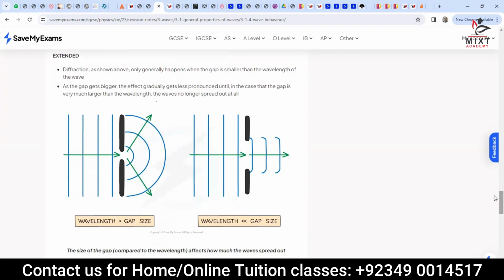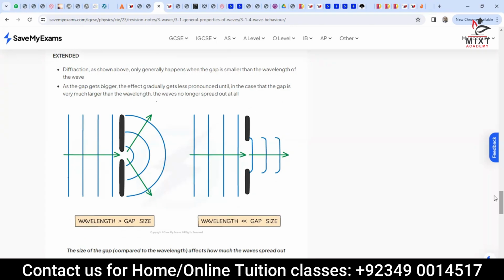They're just showing that if the gap is smaller, then it's more and more round. If the gap is bigger, the roundness of the spreading of the wave actually reduces. It simply says that if the gap is smaller than the wavelength of the wave, in other words, when the wavelength is greater than the gap, then it's more round after spreading out of the small gap.